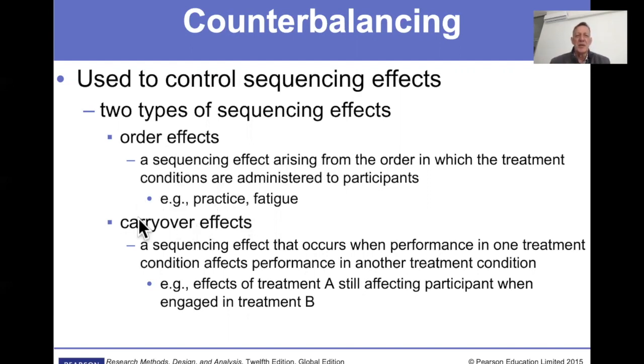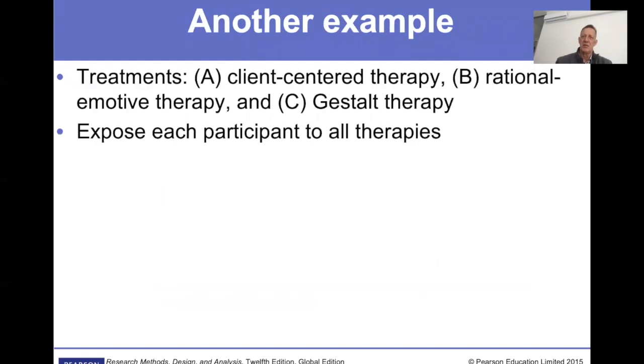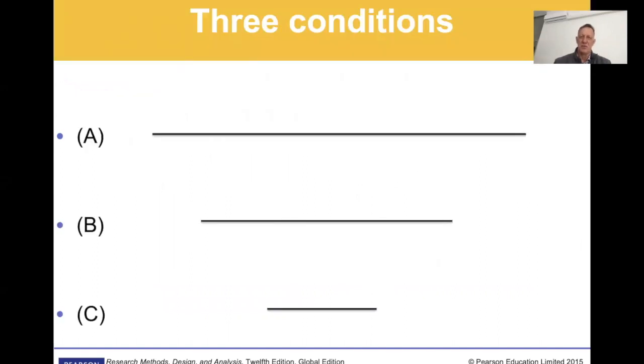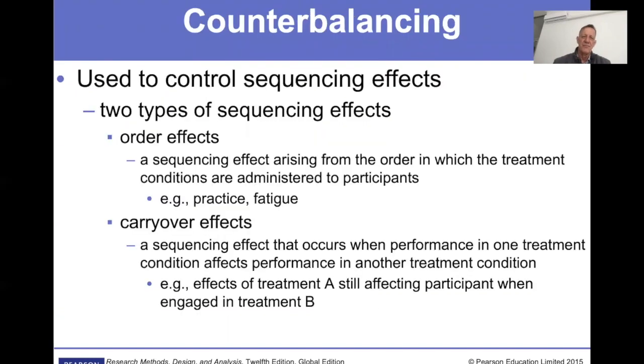Then there might be carryover effects as well. It's a sequencing effect that occurs where performance in one treatment affects performance in another one. And that's what I referred to over here. The same goes for that one. Right.